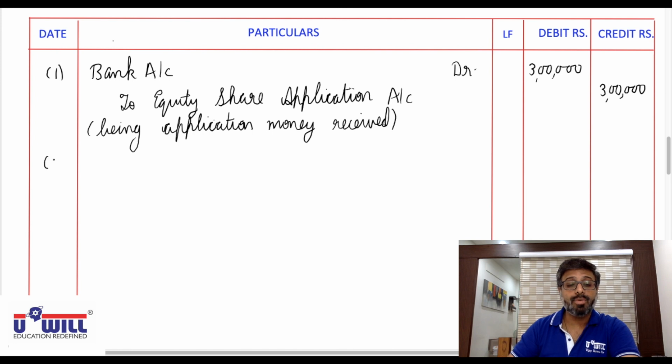Then entry number 2, the comprehensive entry: equity share application account debit.